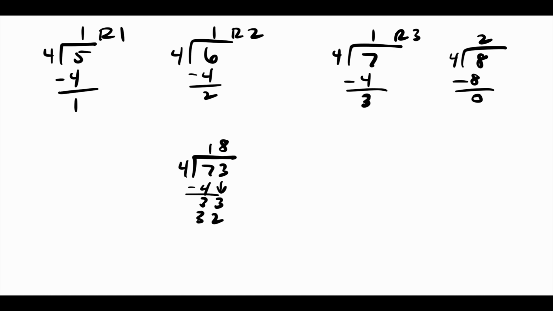I don't care about the answer. What's the only thing I care about? The remainder. So remainder 1. Which one also had remainder 1? 5 did. What was the answer for 5? So what do you think the answer to 73 is going to be?